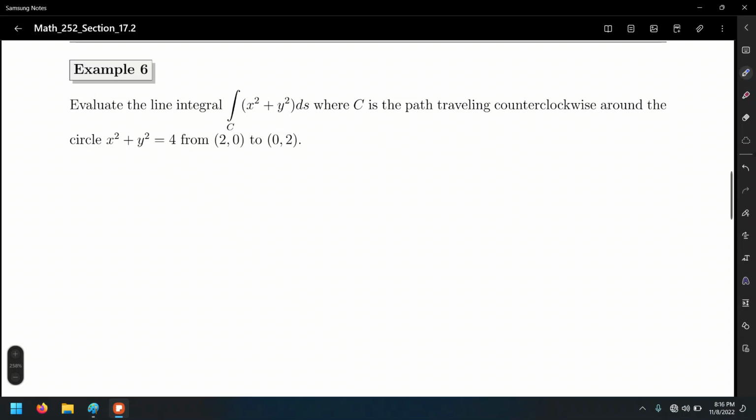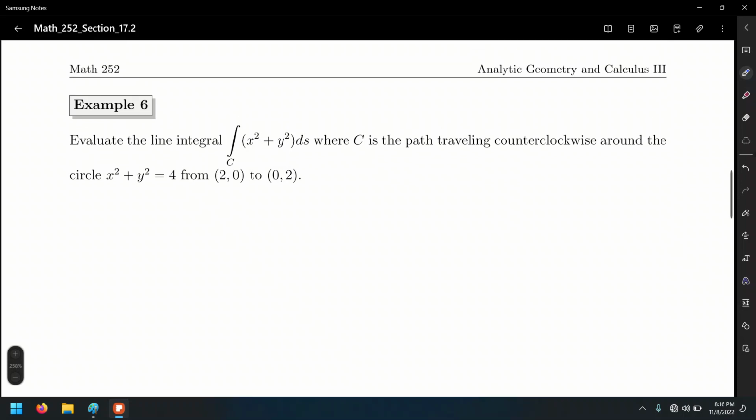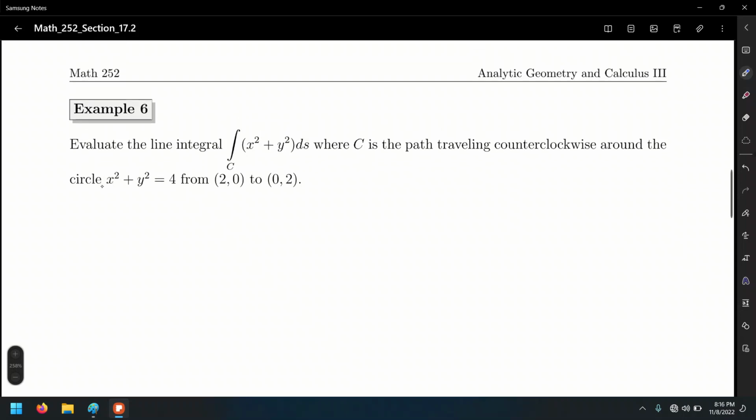So, notice something whenever you look at an example like this. This circle right here, it's only a coincidence that it's also the function f of xy equals x squared plus y squared. So that doesn't mean it's the same circle.